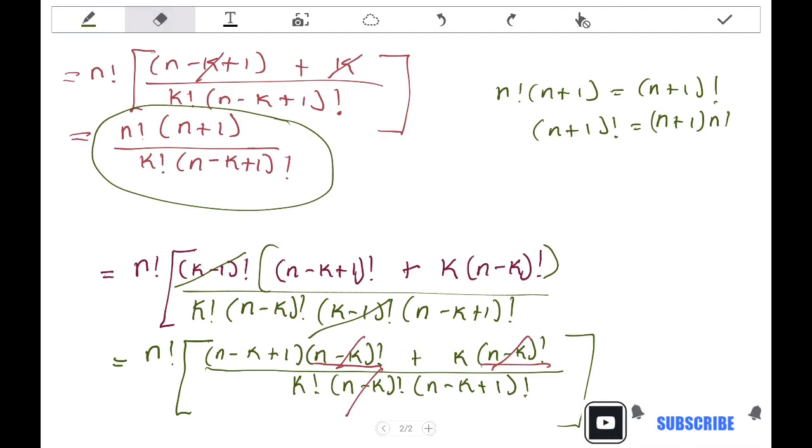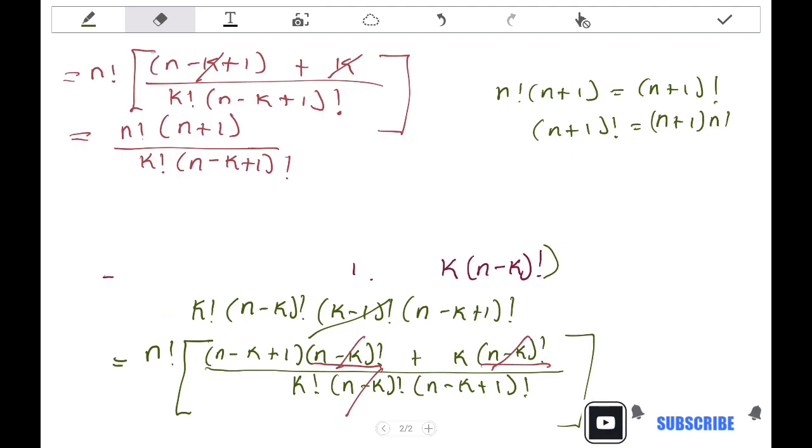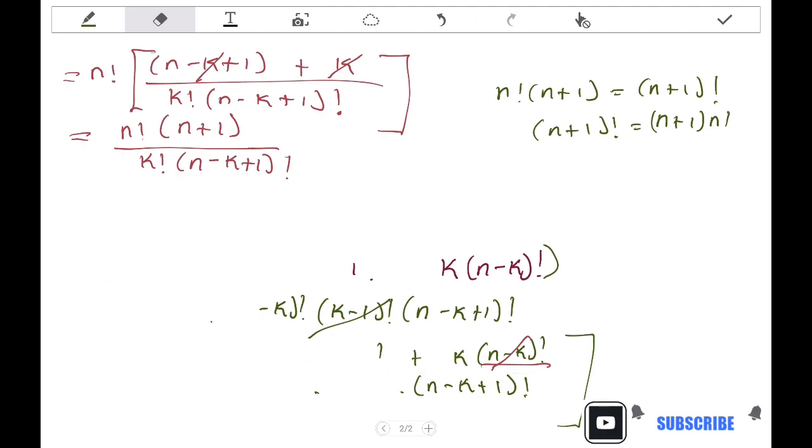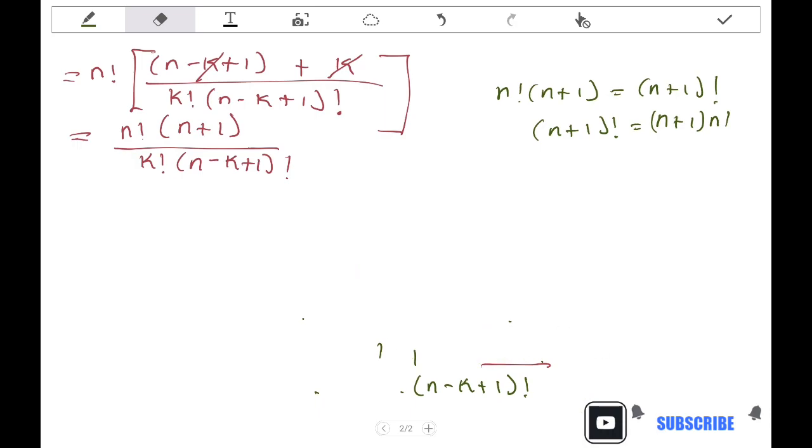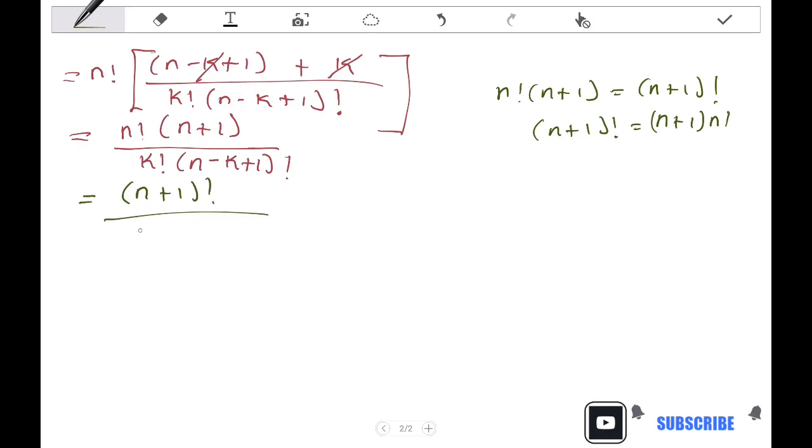So let's replace the numerator with n plus 1 factorial. That means the expression is now n plus 1 factorial divided by k factorial, open bracket, n minus k plus 1 factorial.